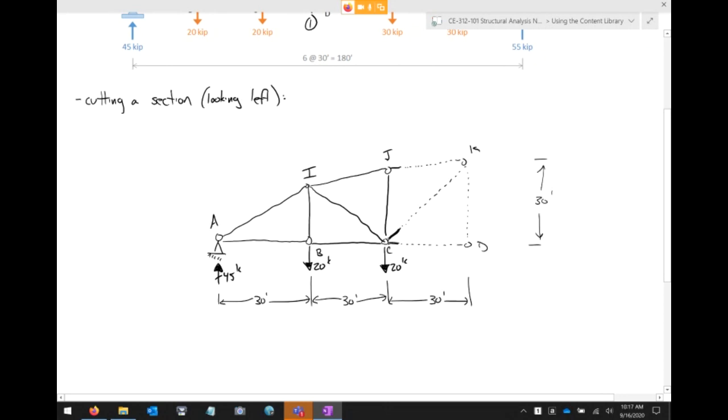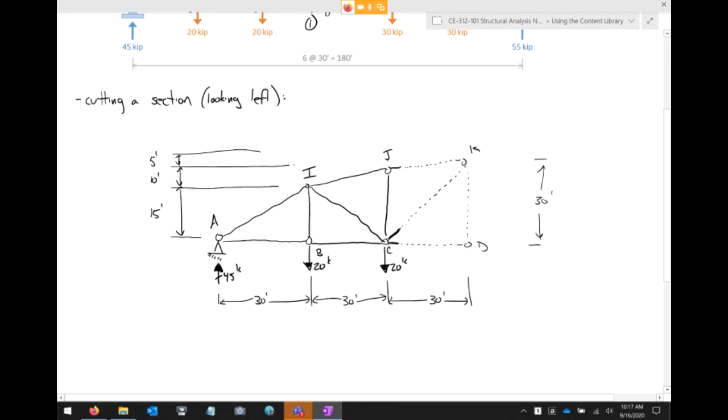And then we've got a few dimensions over here on the left. This is 5 feet, 10 feet, and that's 15 feet.